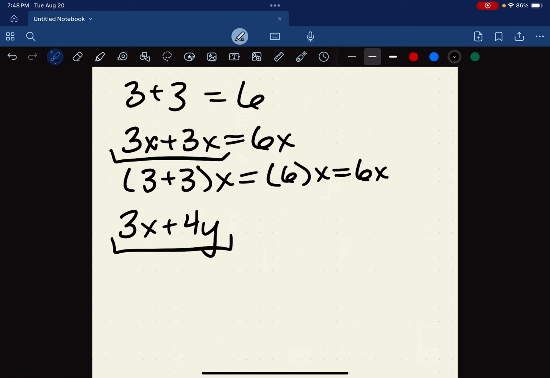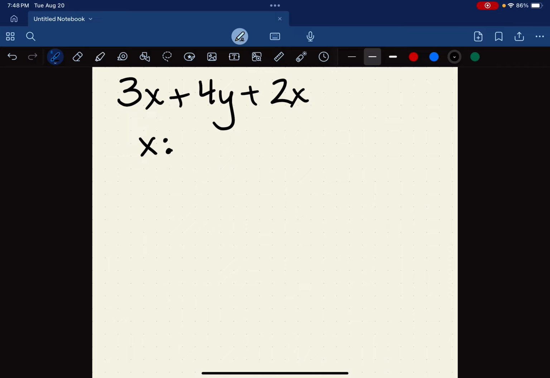Now, let's actually start combining like terms to see what that looks like. Let's say we have 3x plus 4y, just like we did before, plus 2x. Now in this expression, let's go ahead and identify our terms. The terms that have x's attached to them, we have 3x and we have a 2x, right?